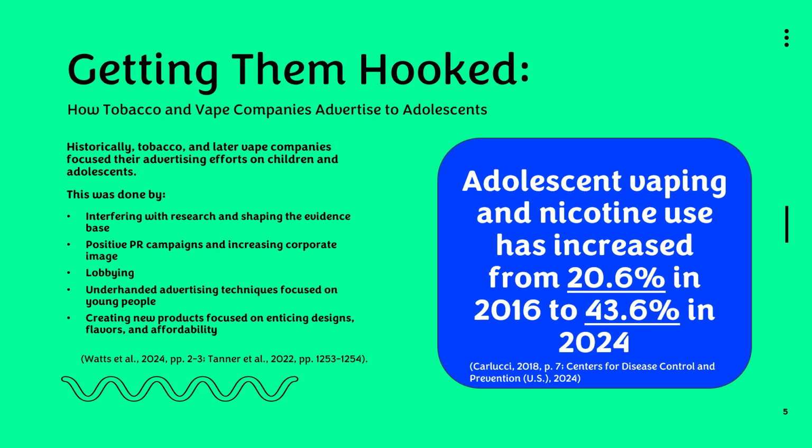Additionally, the odds of finding no harm in vaping products are 66.92 times higher if the study is industry related. Additionally, positive PR campaigns and increasing the corporate image by establishing allies outside of the tobacco industry help to shape the tobacco control agenda and undermine tobacco control policies.